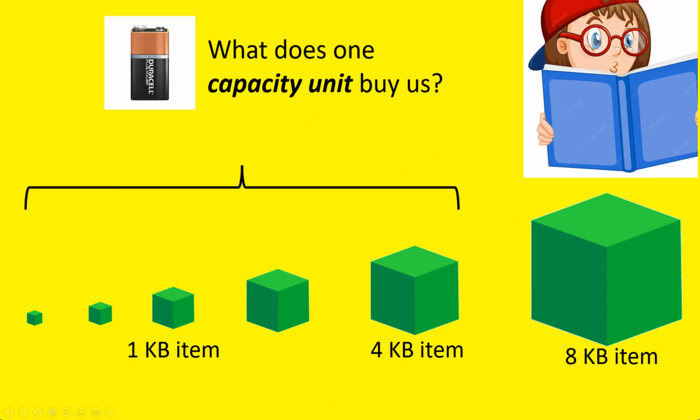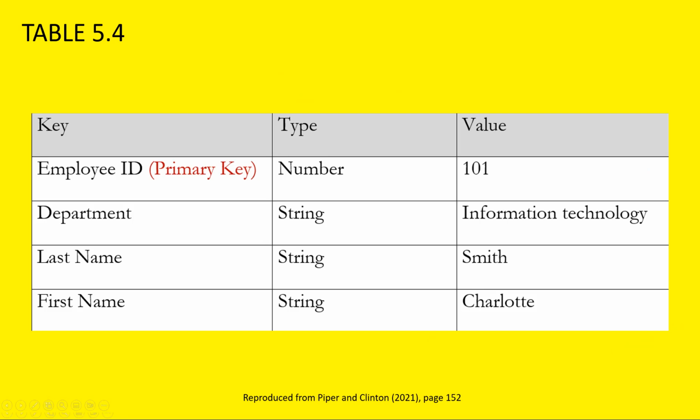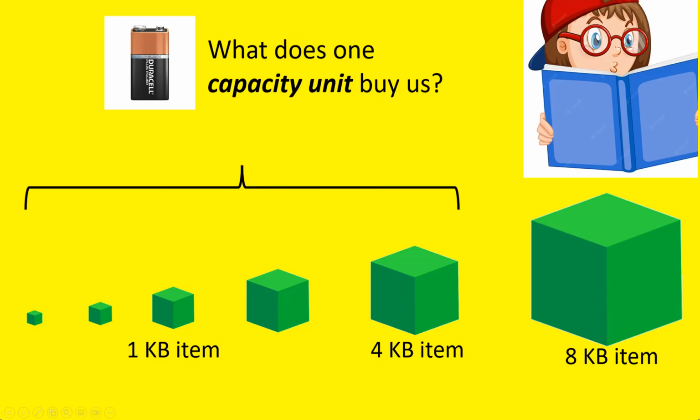For an item of up to 4 kilobytes in size, one read capacity unit buys you one strongly consistent read per second. To read an 8 kilobyte item every second using a strongly consistent read, you would need, in fact, 2 of those read capacity units.